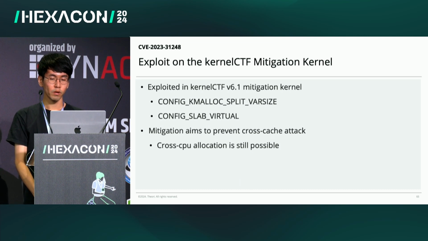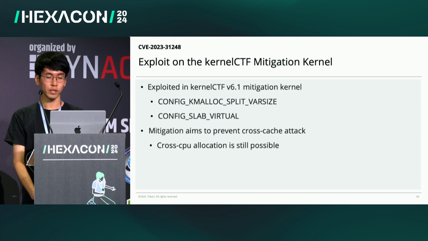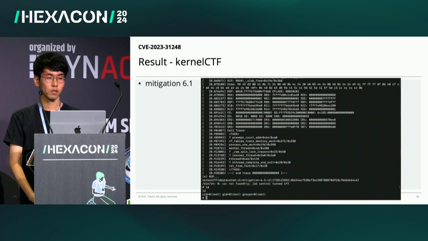However, cross-cache allocation reallocates objects of the same cache to different spaces, so the exploit was possible regardless of the mitigation. So we successfully got a flag on the kernelCTF kernel.